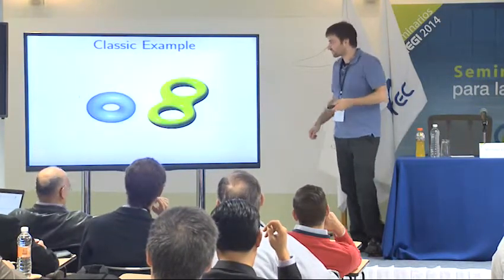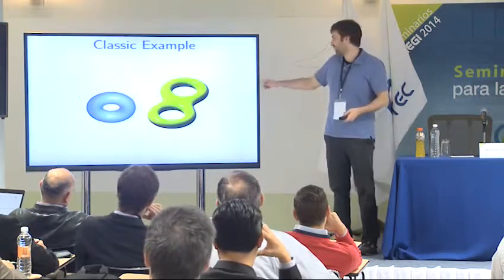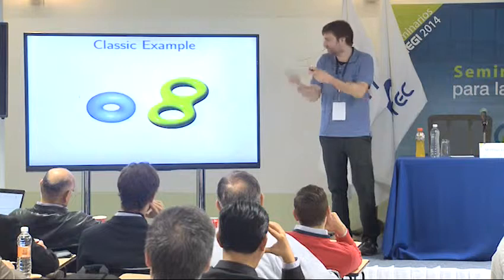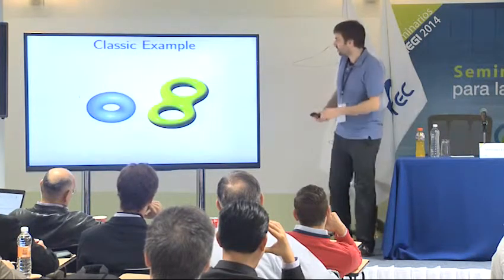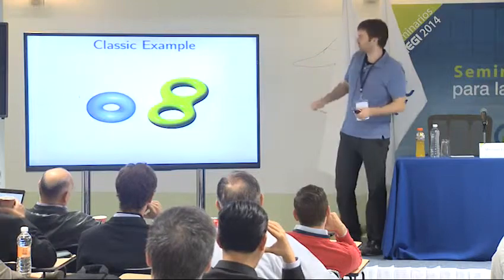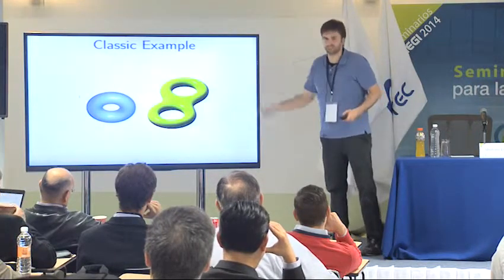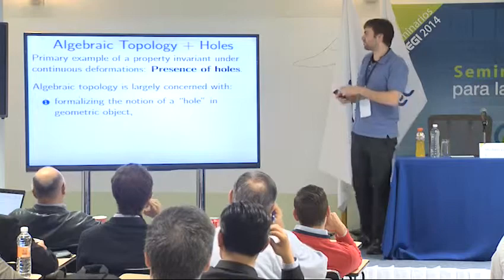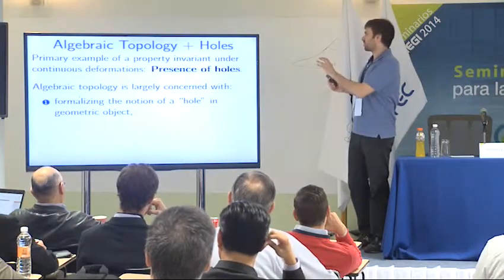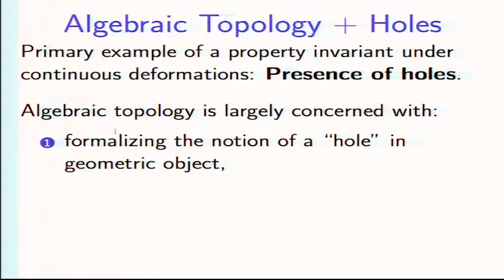So, on the other hand, if I have a donut and a donut with two holes, which in some sense looks like a more similar pair than the other, it turns out that I can't deform one into the other continuously. And the obstacle somehow is that there's that second hole. And so, as this second example suggests, the primary example of a property of a geometric object invariant under continuous deformations is the presence of holes in the geometric objects and the number of holes.